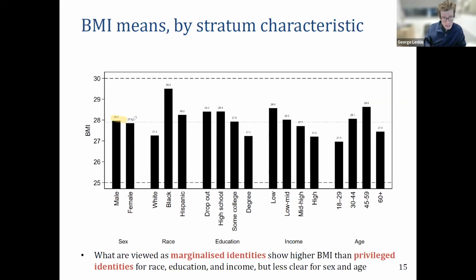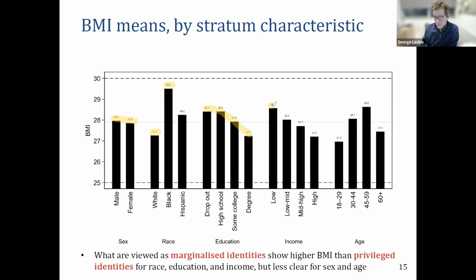Women have slightly less mean BMI. But for ethnicity, you've got big differences. The traditionally most marginalized group here, African Americans, has got the worst outcomes, whilst what would normally be considered the privileged identity of white in these discussions has the best outcome in terms of lowest BMI. Likewise, in education, as we move from the most marginalized to most privileged, we have better outcomes.